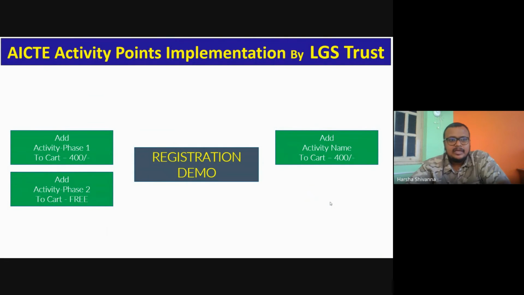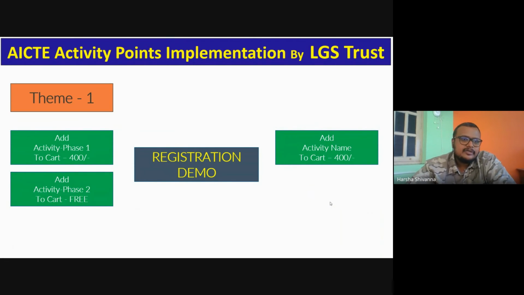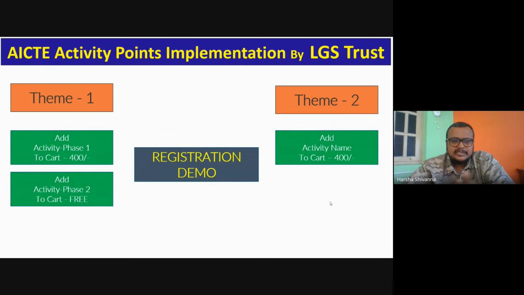So now I'm showing the registration demo of theme 1 and theme 2. See, there is a slight modification on the website. If a student is selecting any project or any activity under theme 1, both phase 1 and phase 2 of the activity have to be added to the cart. However, the charge is only for phase 1 and not for phase 2. Under theme 2, there is no phase 2 as such.